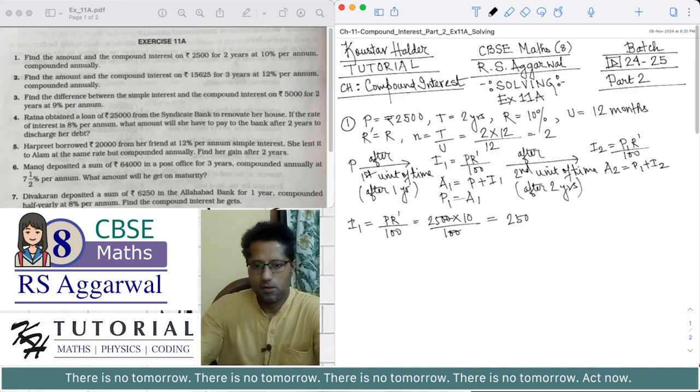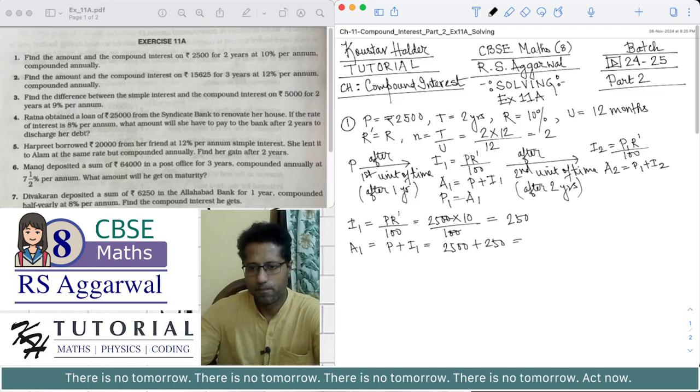Okay. So what will be A1? We have the interest at the end of first unit as I1, which is rupees 250, and the amount at the end of the first unit of time will be A1 is equal to P plus I1. This is equal to P, which is 2500, and the interest is 250.